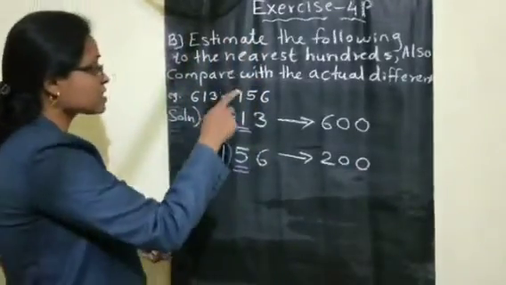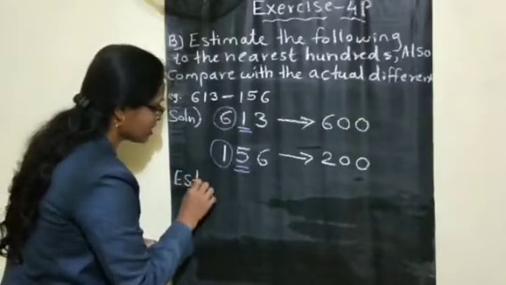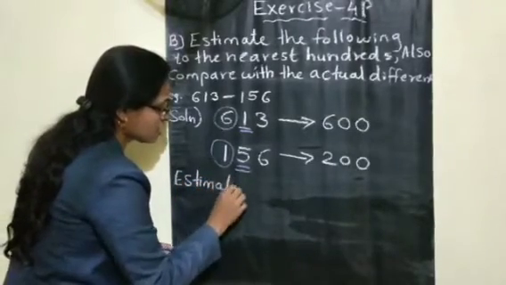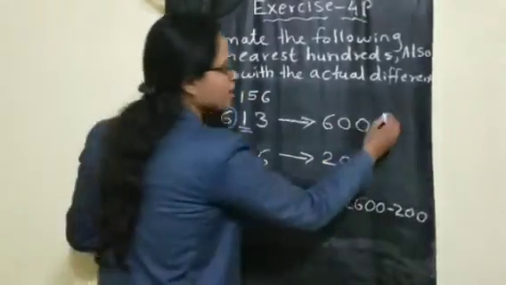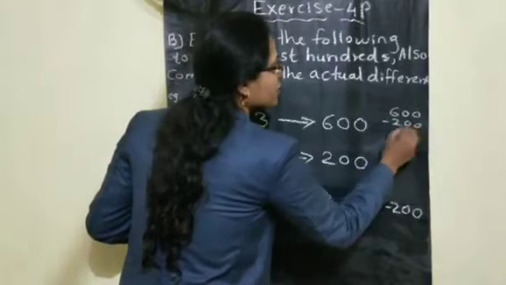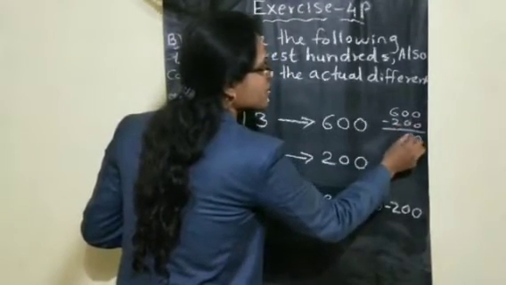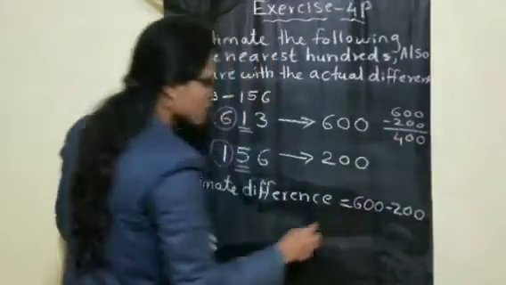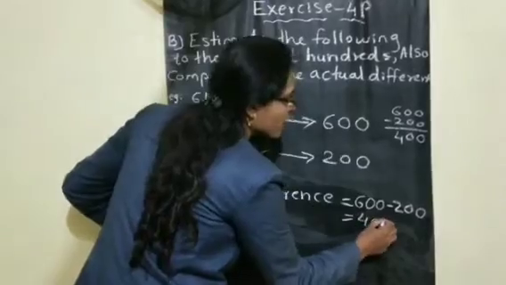Now estimate the difference: 600 minus 200. Again you can solve on the rough side in the vertical way. If you are not understanding, 0 minus 0, 0, 0 minus 0, 0, 6 minus 2, 4. So the estimated difference you are getting is 400.